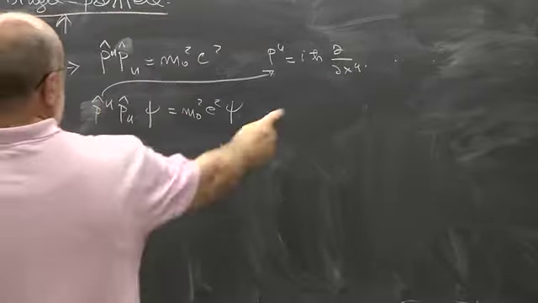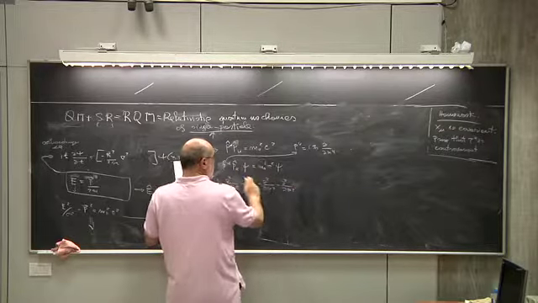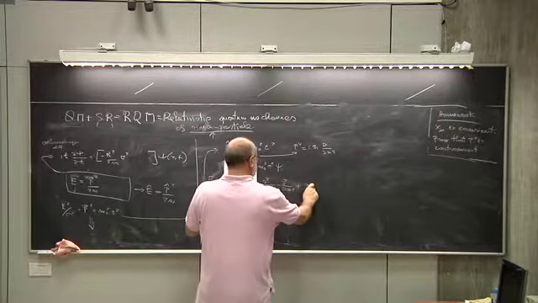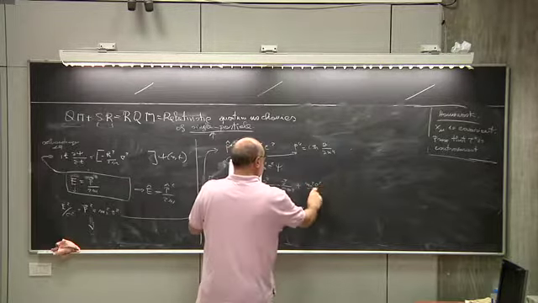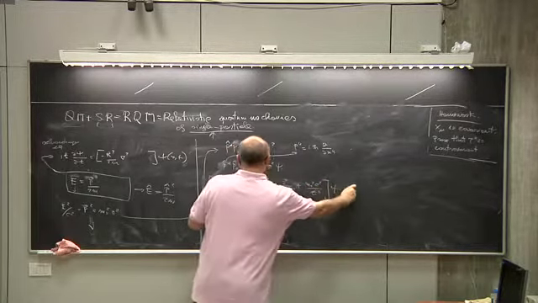Now I have to be careful with the sign. If I bring the other things on the other side, I have to be careful here because there was a minus h bar that I forgot. That minus h bar I bring down to the denominator, and I bring this on the other side. So the net result is m squared c squared over h bar squared psi equals 0.